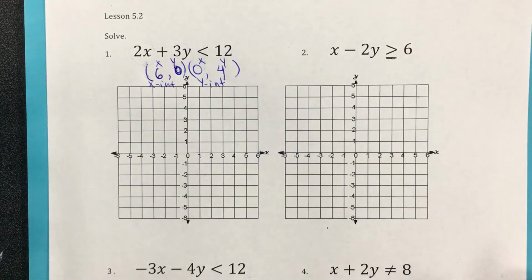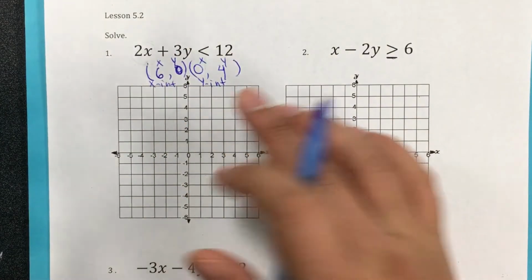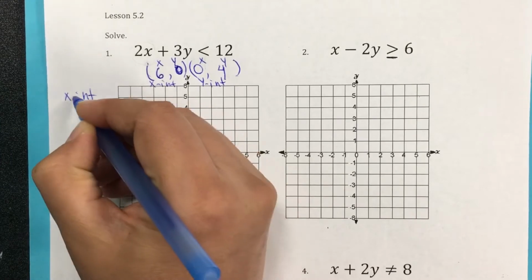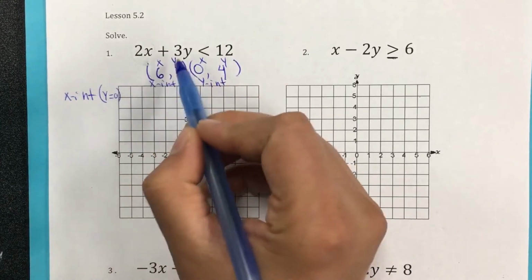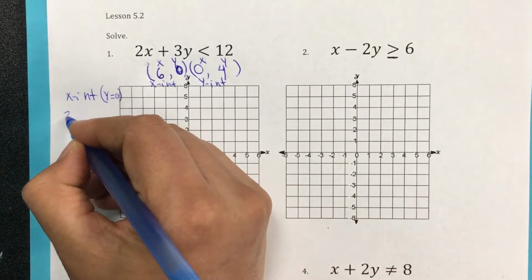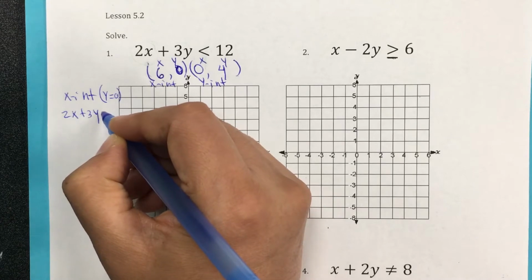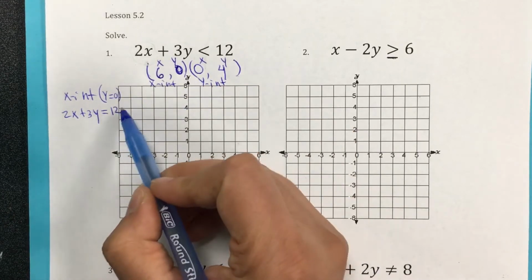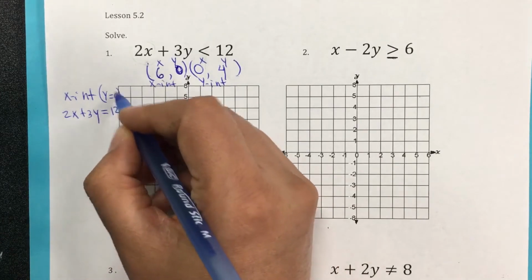Now, there are some teachers who would like to see the process for each one. And what you do for the x-intercept, y is equal to 0. So you copy the whole thing and you say 2x plus 3y. And I'm just going to put equal to solve it, but then we replace the y with 0.